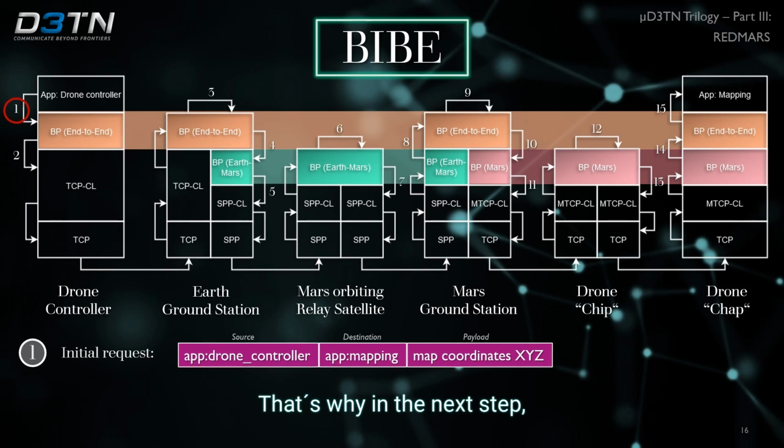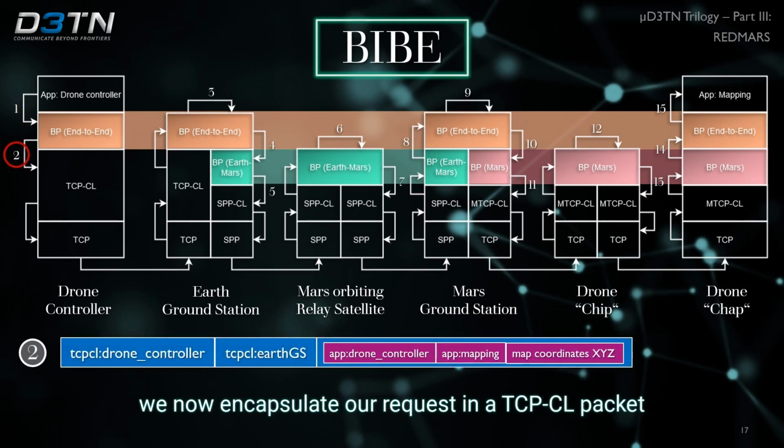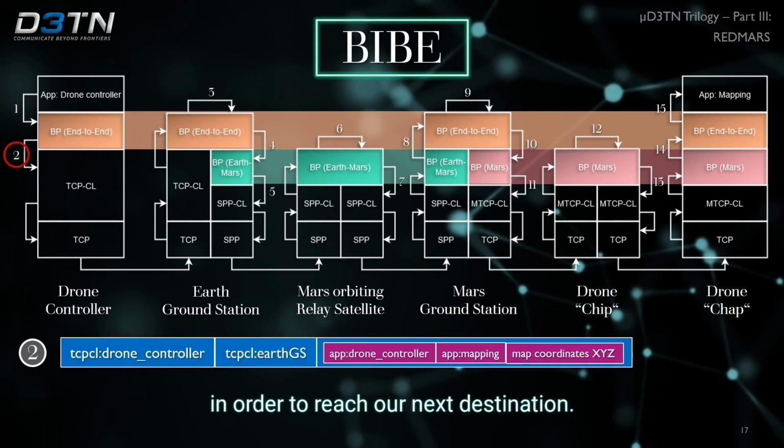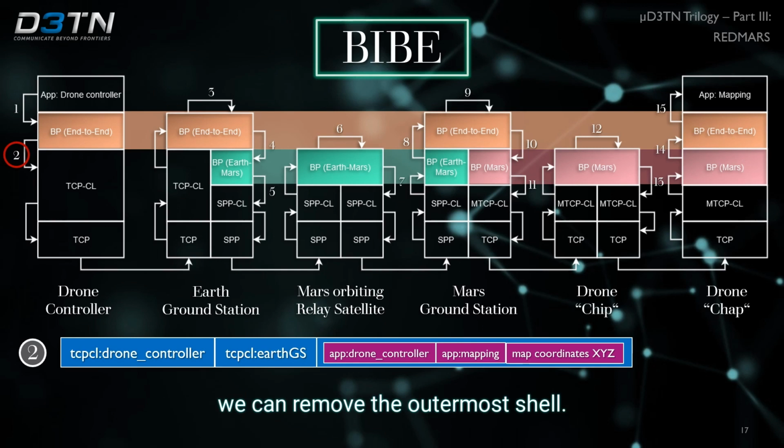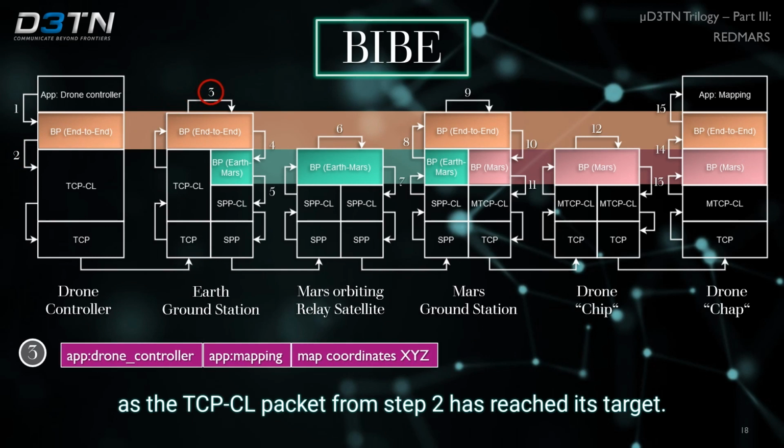That's why in the next step we now encapsulate our request in a TCP/CL packet in order to reach our next destination. Now, the payload of our new packet is the bundle containing our initial request. Whenever a bundle or packet reaches its destination, we can remove the outermost shell. And that's exactly what we do in step 3, as the TCP/CL packet from step 2 has reached its target.